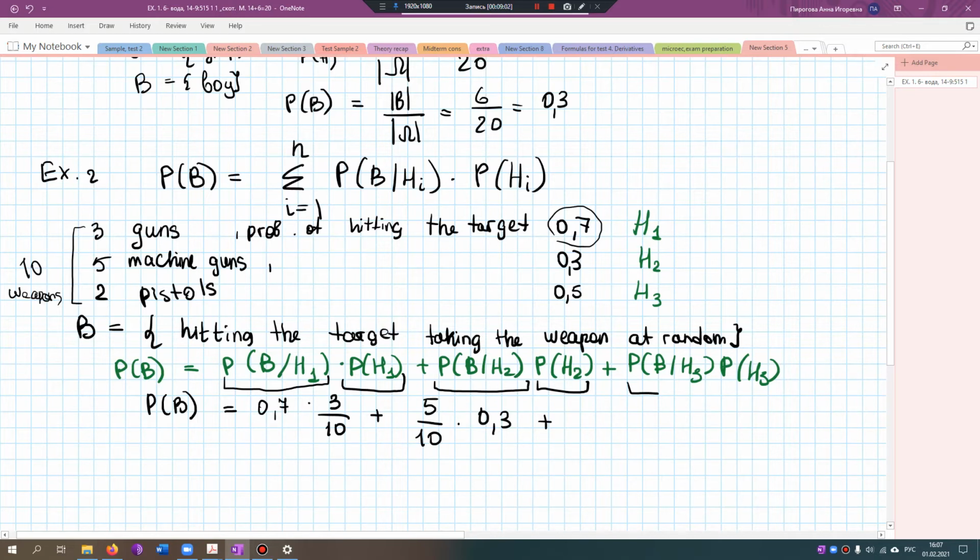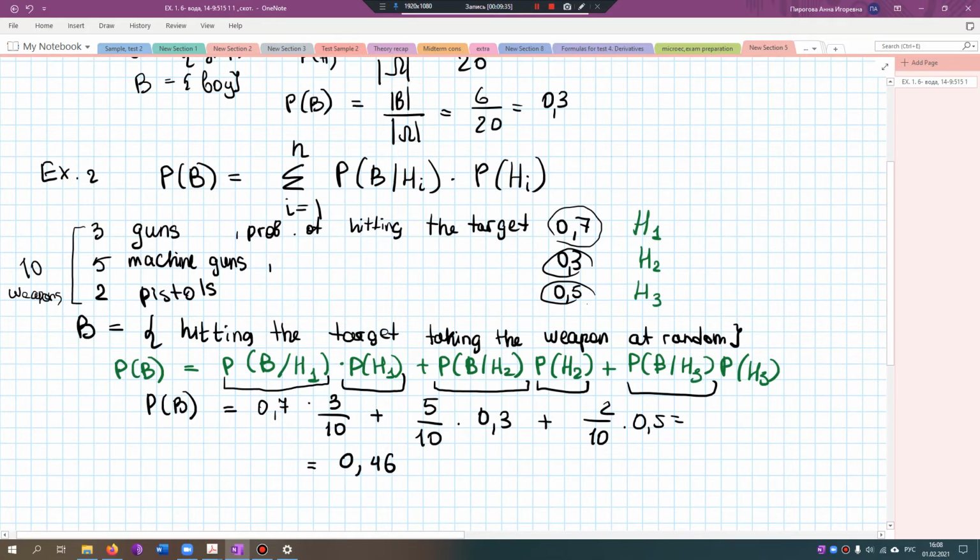And finally, the probability of taking a pistol is 2 pistols out of 10 weapons in total, and we multiply it by 0.5. After some calculations, our final answer will be 0.46.